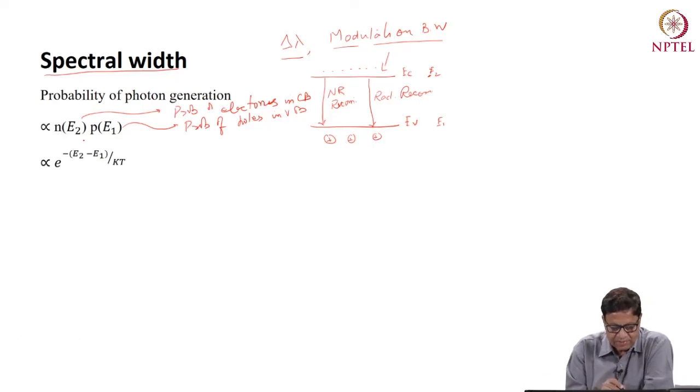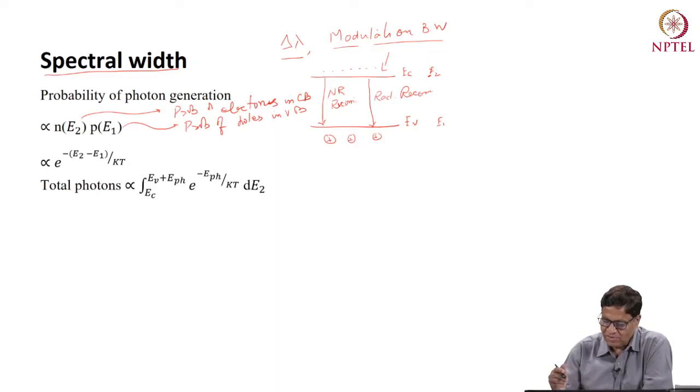There's an expression for Ne2 and Pe1 which takes into account the Fermi level also, but that Fermi level part is constant, so I am absorbing that constant into the proportionality sign, and this is proportional to e raised to minus (E2 minus E1) divided by kT. k is the Boltzmann constant and T is the temperature. So this is the probability of photon generation.